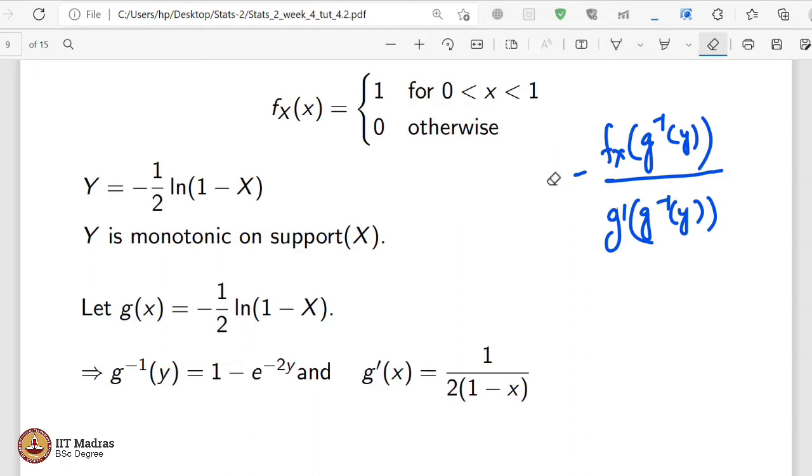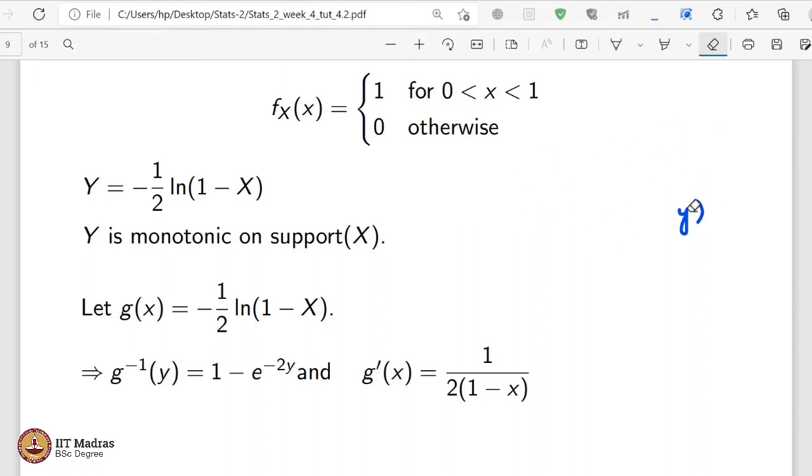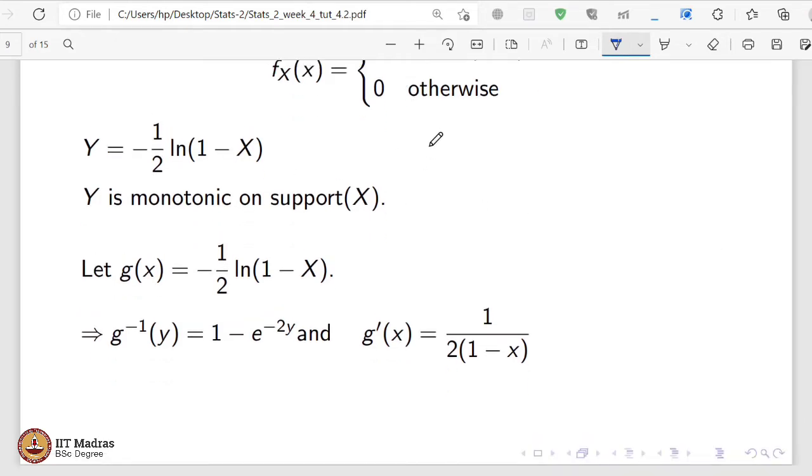So I'll erase this one. So y has been given like this. What we have to calculate is the g inverse of y, because in the formula we have to use that.